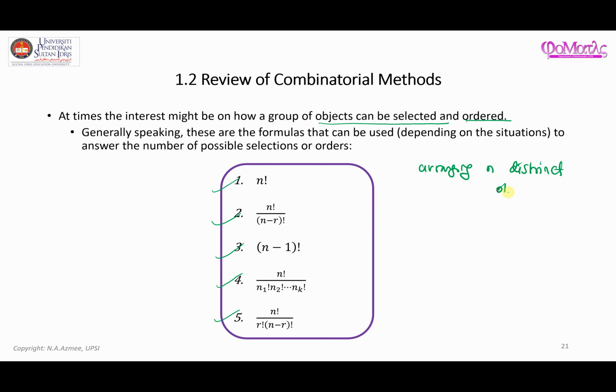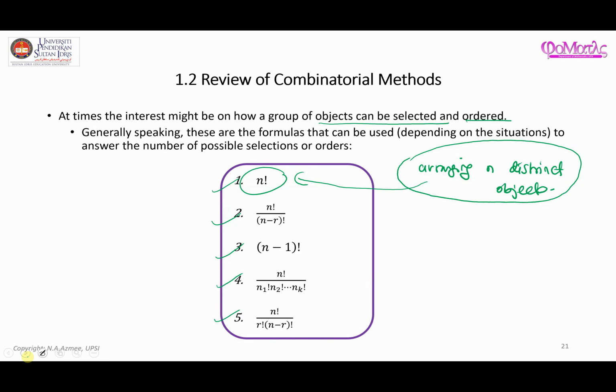Basically, how do you arrange objects that are distinctively different from each other? You will see later on that you can use this formula to answer questions related to this arrangement of n distinct objects.